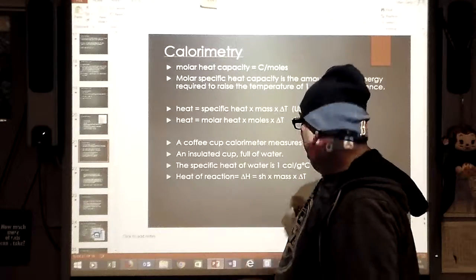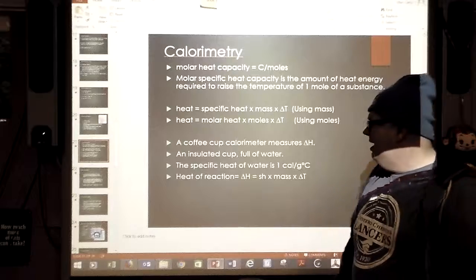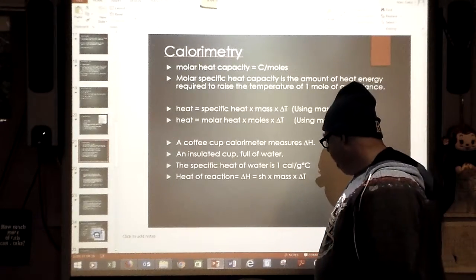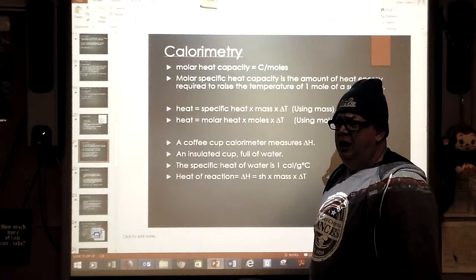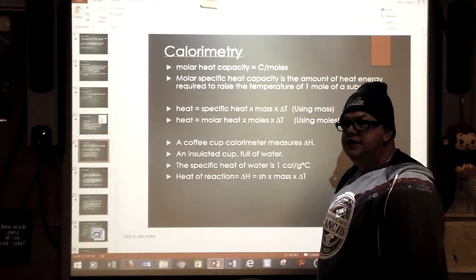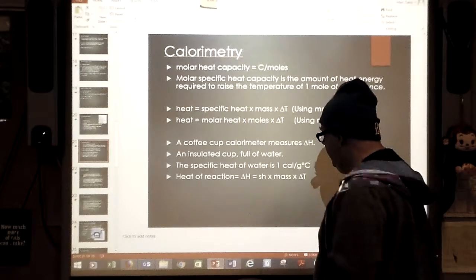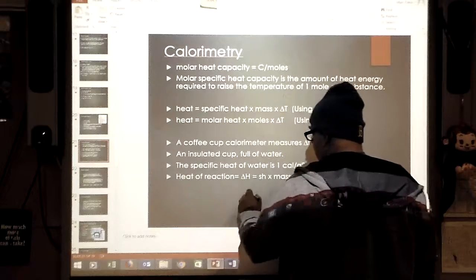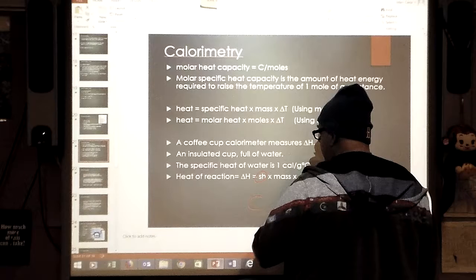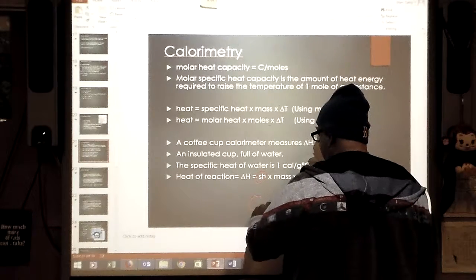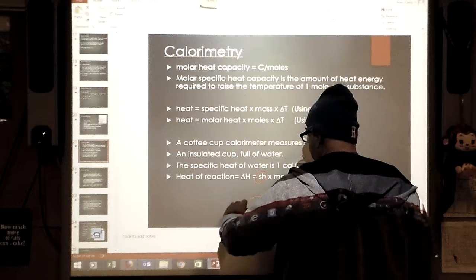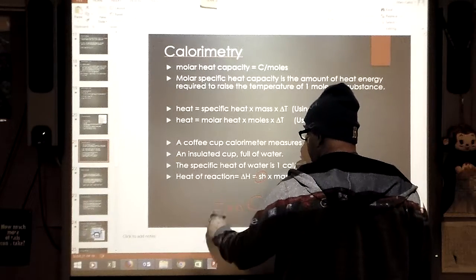This looks like a pretty complicated formula here. Here's the thing, there's another way to look at this formula. I've used this in HChem, I know I've used this in physics, and I know I've used this in AP Chem. You could look at that specific heat, put that as C. You have delta T, and you have mass, M for mass.